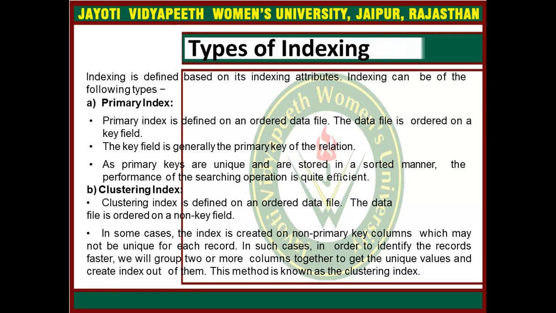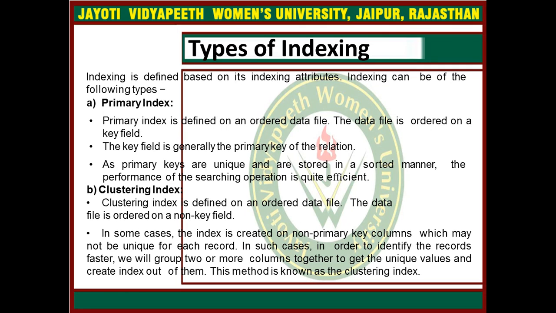The second one is the clustering index. The clustering index is defined on an ordered data file, where the data file is ordered on a non-key field. In a clustering index, in some cases the index is created on non-primary key columns which may not be unique for each record.